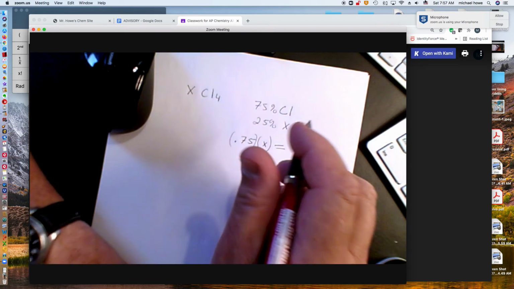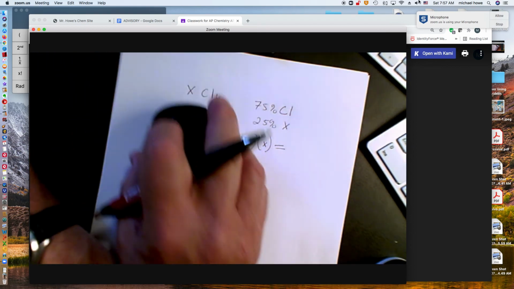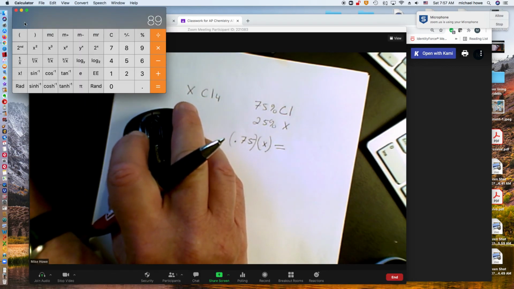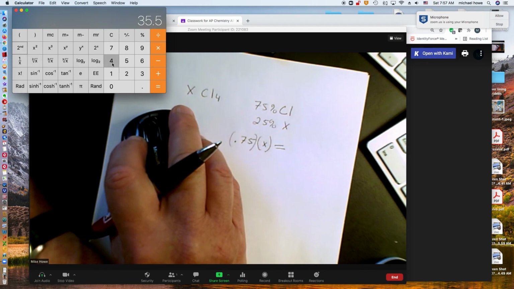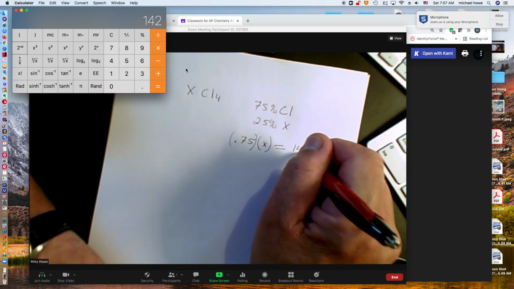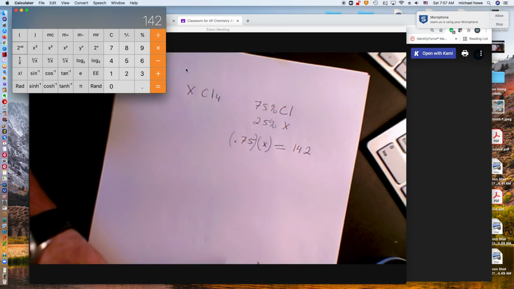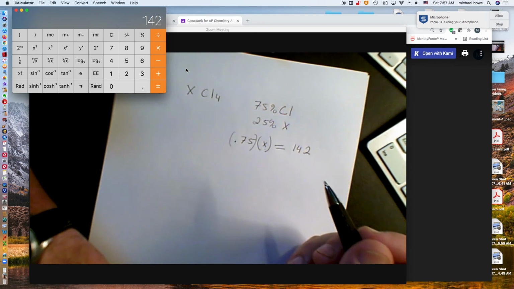The chlorine is 35.5, because it's 35.453, so at least use 35.5. We multiply it by 4 because there's 4 of them in this compound. So we know 75% of the mass of the compound is 142, where X would be the total of the compound.